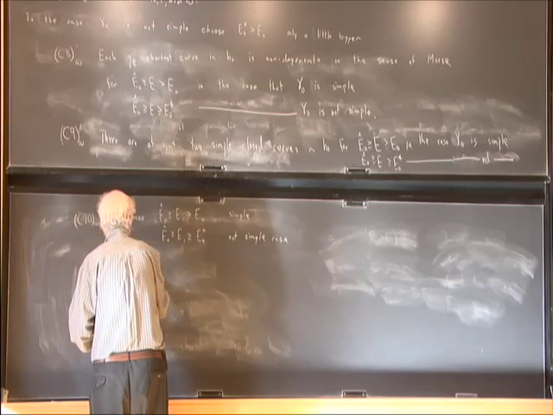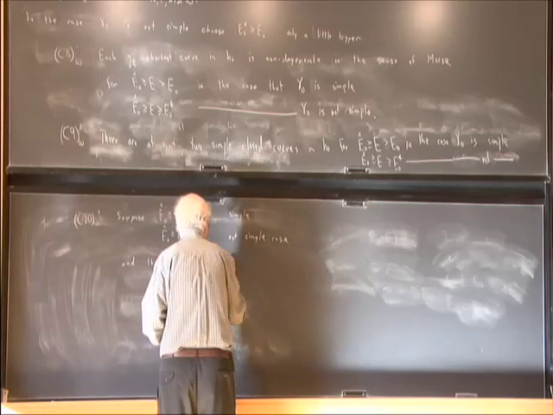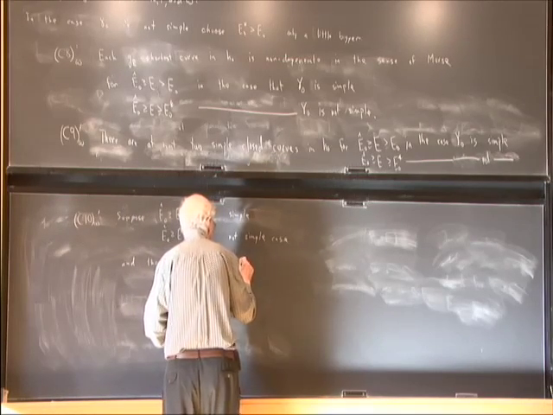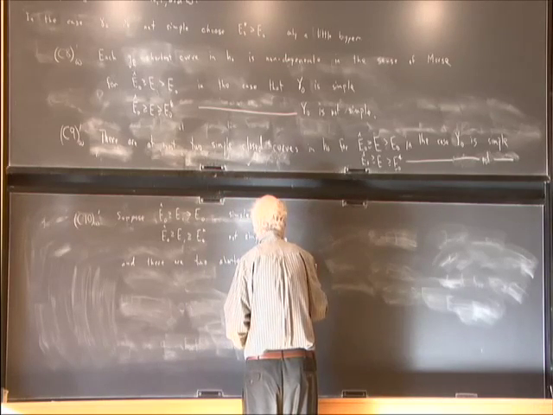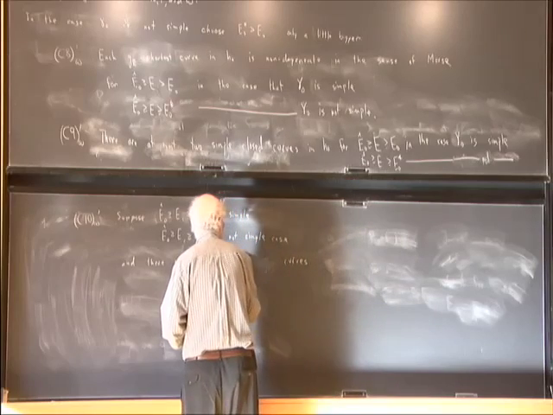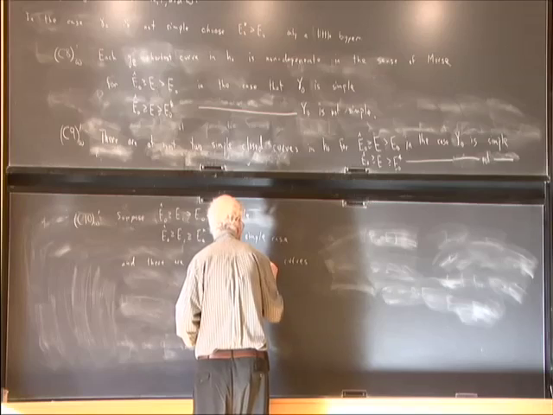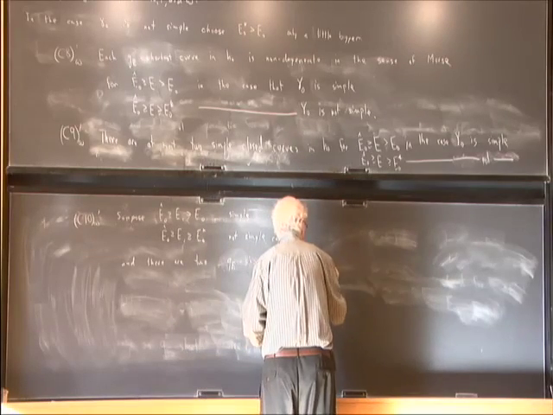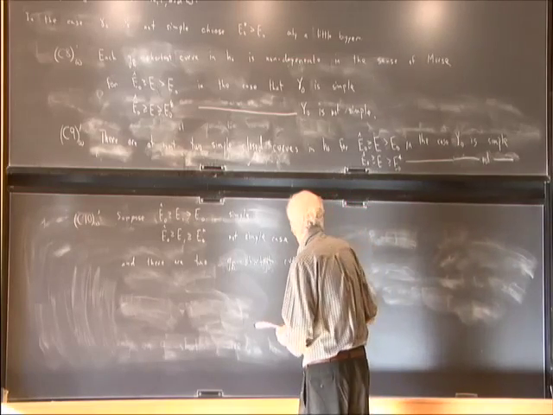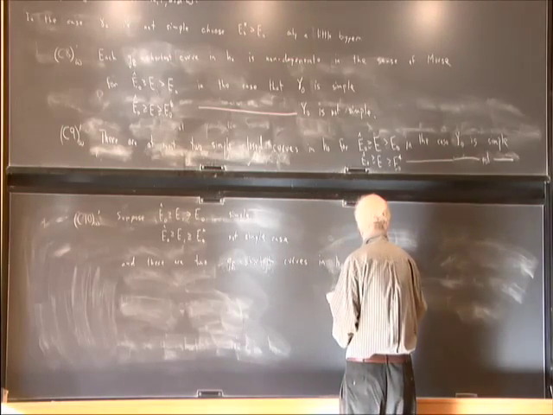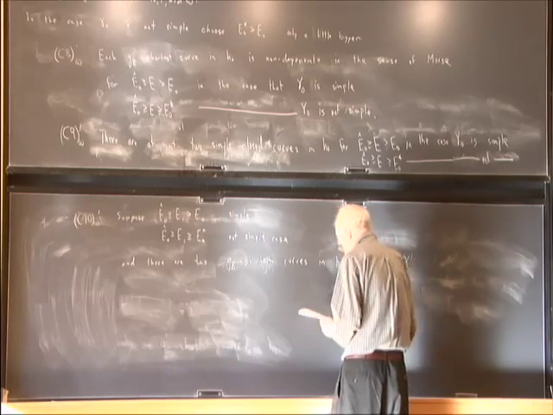And there are two shortest GE1 curves in H0. We'll call them gamma and gamma prime.